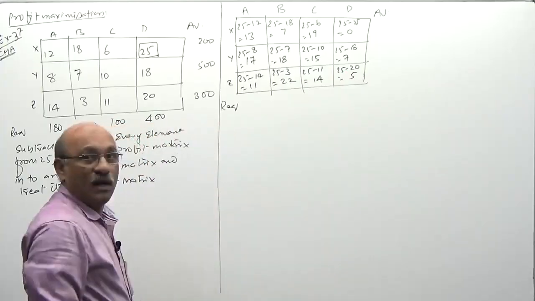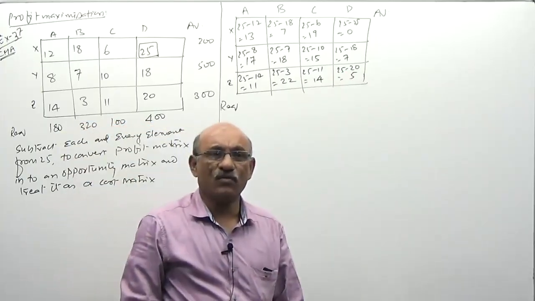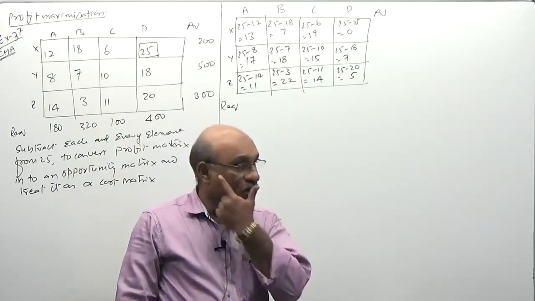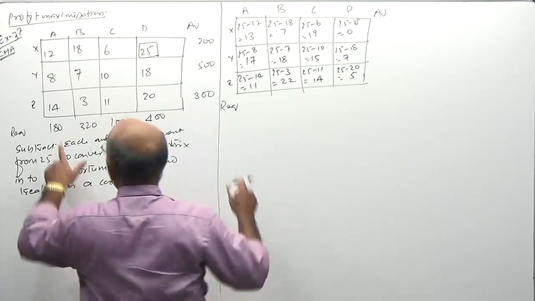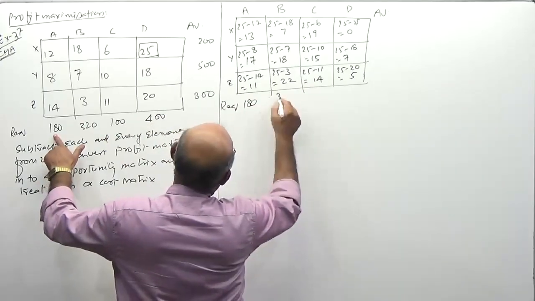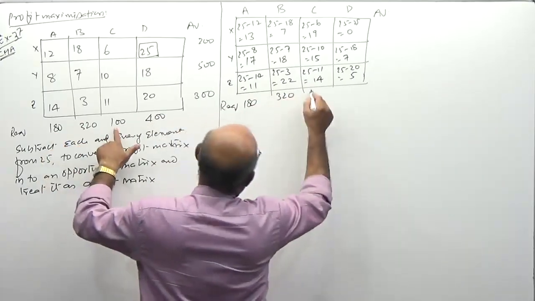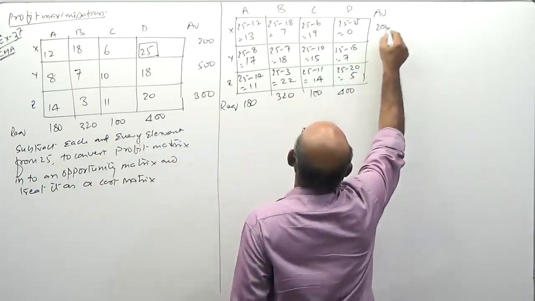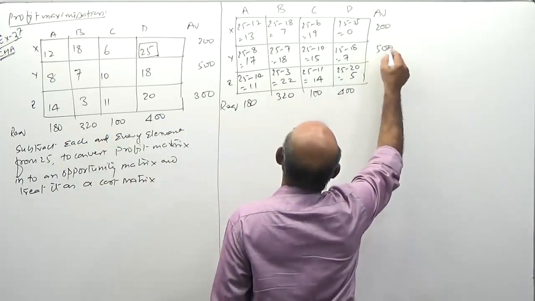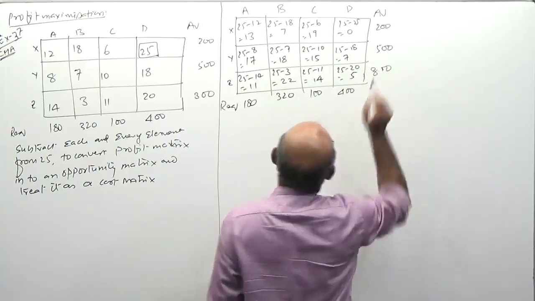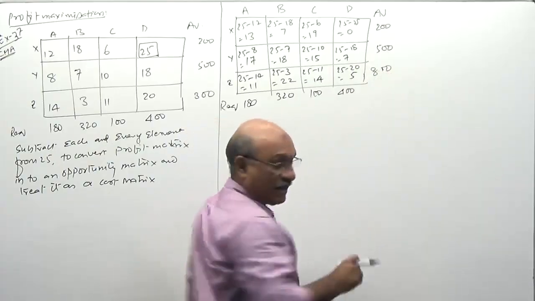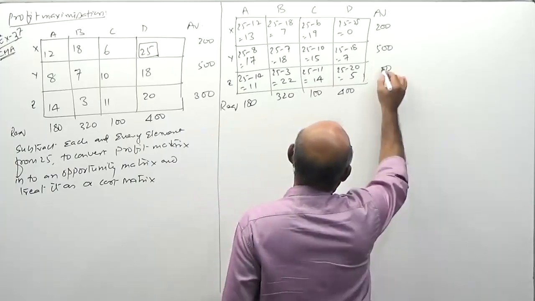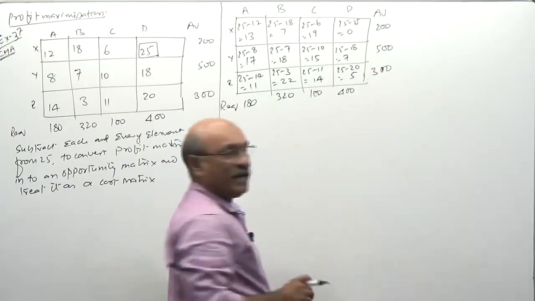This way, a profit matrix is first converted into an opportunity loss matrix, which is also called a cost matrix. Requirements are 180, 320, 100, 400, and availabilities are 200, 500, 300.